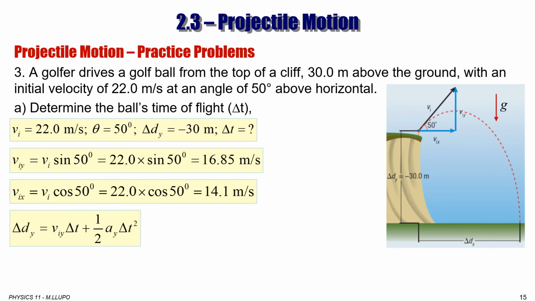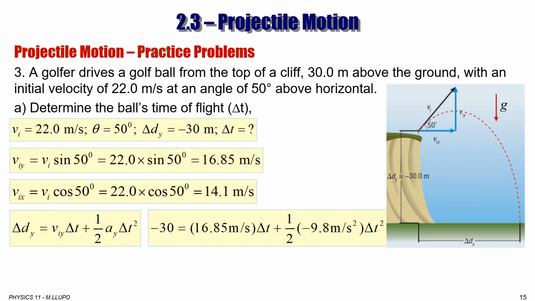Let's plug in what we have: minus 30 is delta dy, 16.85 is V initial y, and minus 9.8 meters per second squared is a_y, or g.